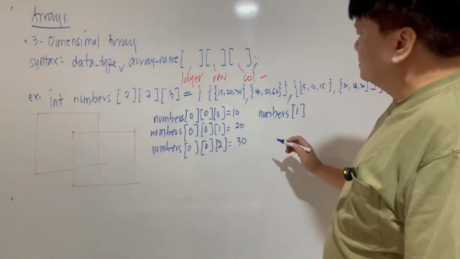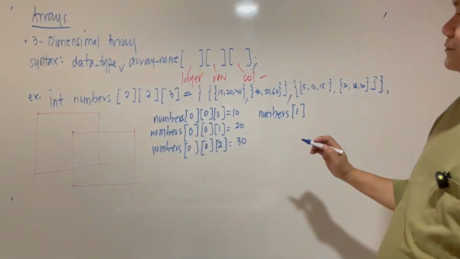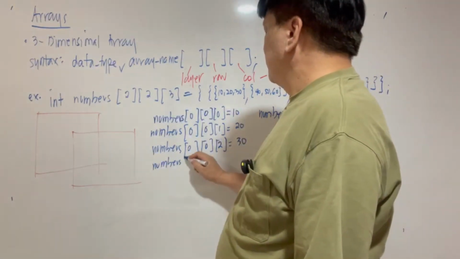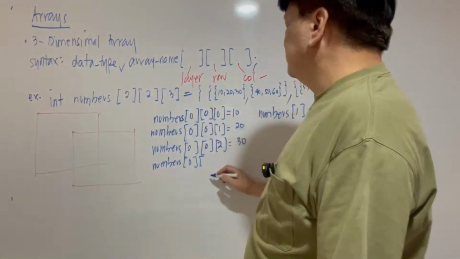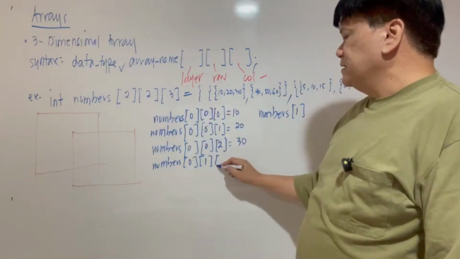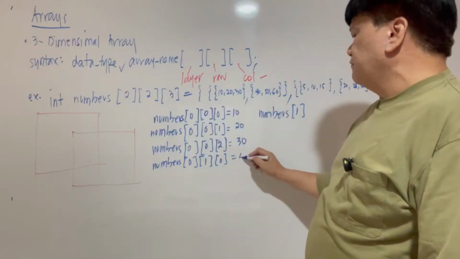Then numbers 0, and this time it's for the second row: you have 1, 0, so you have 40.